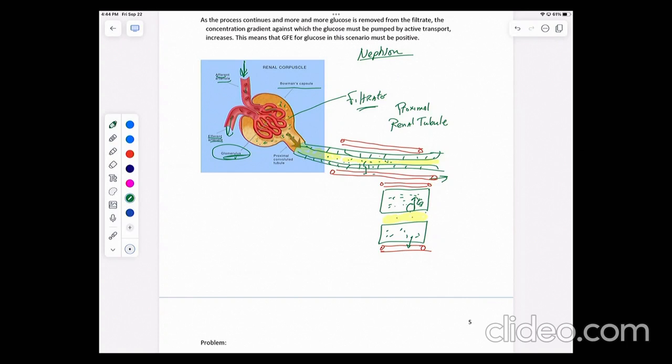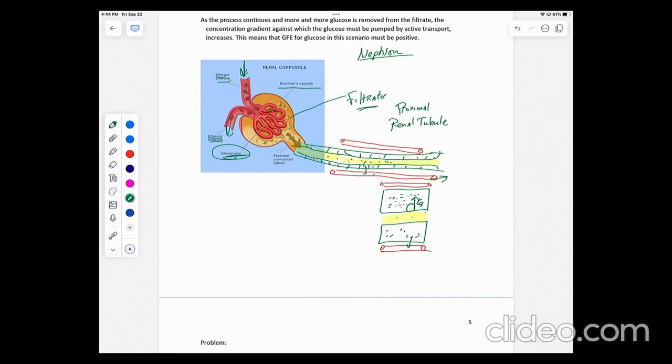I got to get those molecules out of the filtrate. But I have a cell that is loaded with glucose. Do you see the issue here? Now I've got a real steep concentration gradient that I got to fight. So this is going to require energy. So how is that going to work?